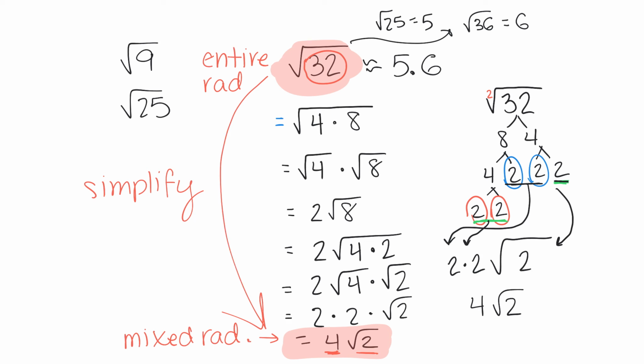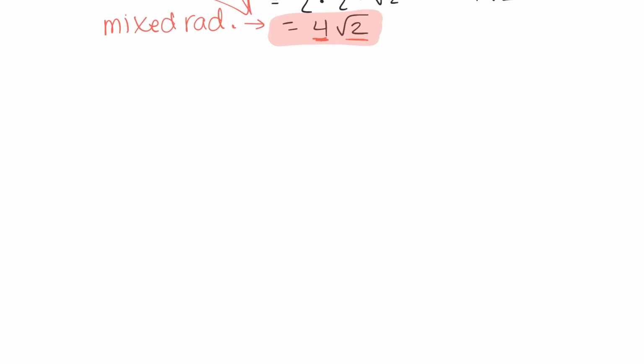See how that works? Let me show you another example. What if I have this square root of 212? I'm going to break that down. 2, 106. Okay? 106 breaks down to 2 and 53. 53 is prime, 2 is prime.